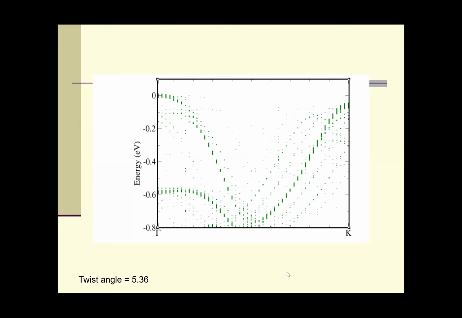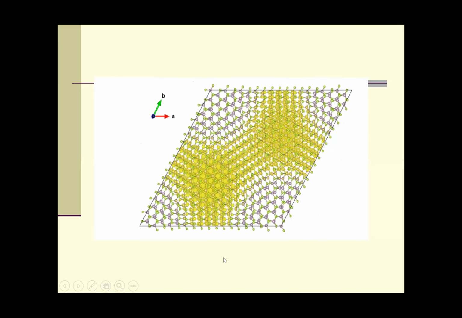Well, we haven't probed the excitons, but let me just show you one figure. I don't know why I can't move my mouse up. So this is my valence band maxima wave function for 3.48 degrees.